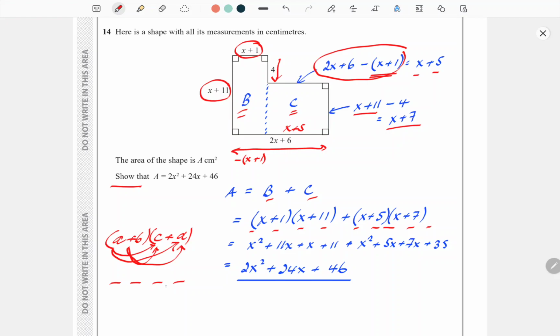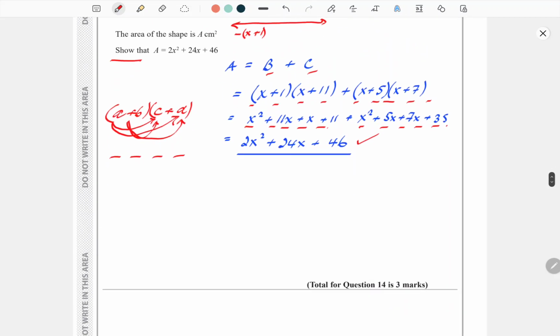Don't miss any out. Make sure you're following what's going on. I don't think it needs too much explanation at this stage. So we have two quadratics, and there are no minuses or anything else to worry about. So just add all of that up, and lo and behold, you've got the answer.